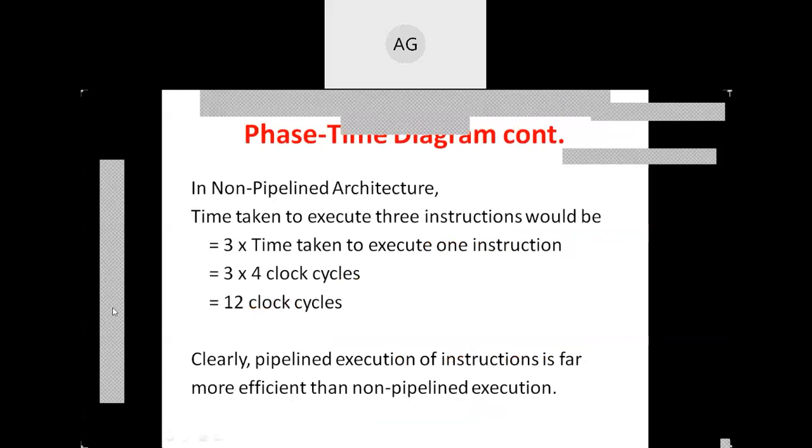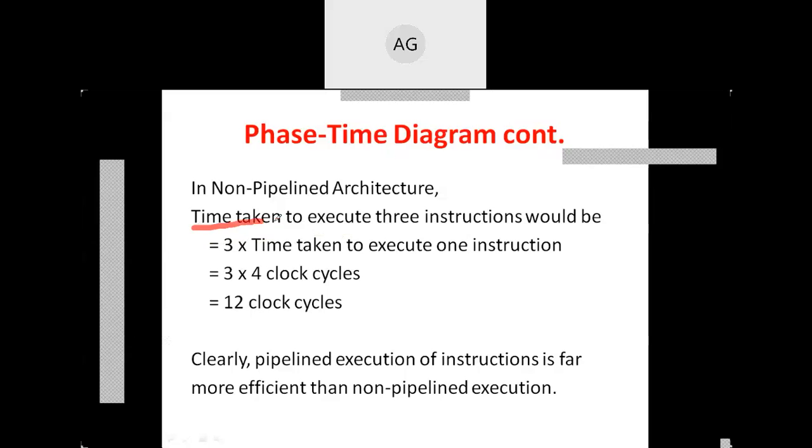Now, in the case of non-pipelined architecture, the time taken to execute three instructions would be, as you can see here, n into k. You can remember the formula, as we already discussed in the previous slide.